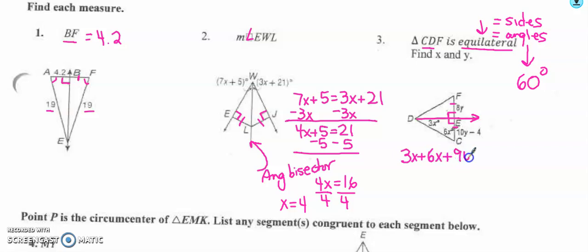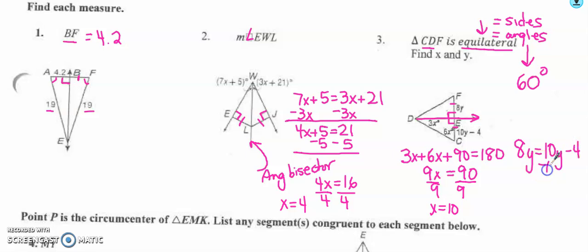You could add 90 to equal 180. Or you could just add 3x and 6x to get 90. Either way, 9x is 90. X equals 10. To find your y, you would just set those two segments equal to each other because that's a perpendicular bisector, which bisects both sides. So negative 2y is negative 4. Divide, y equals 2.